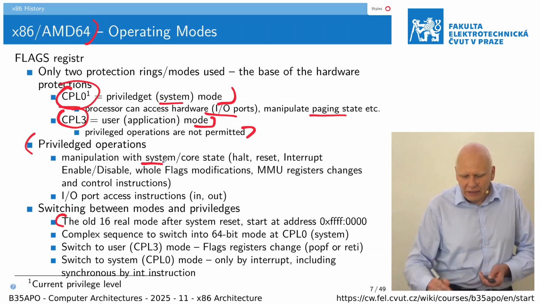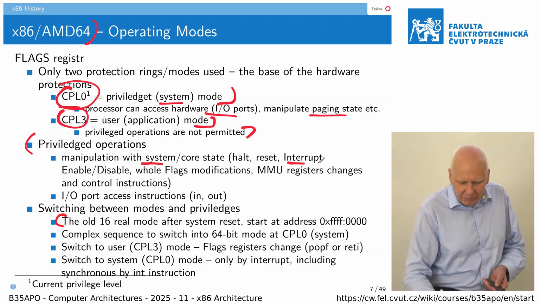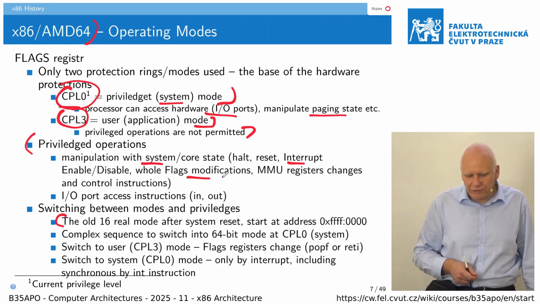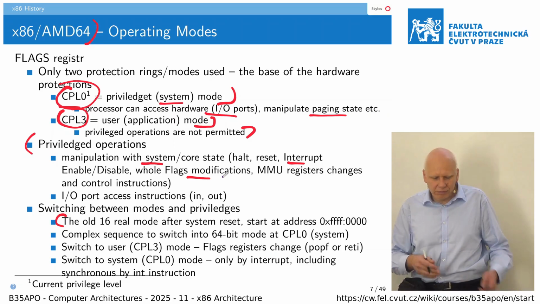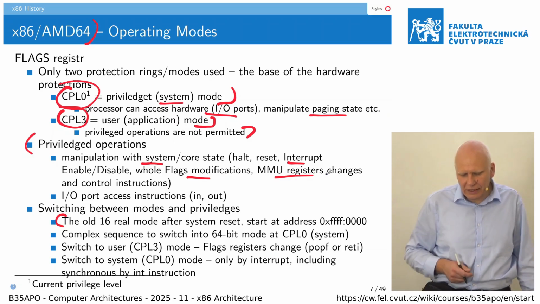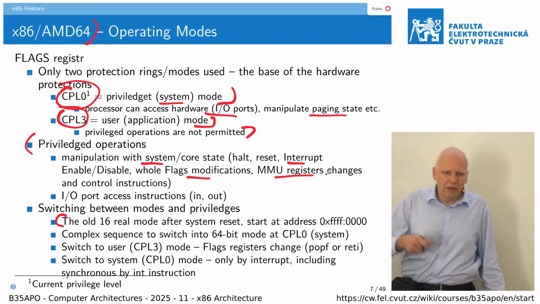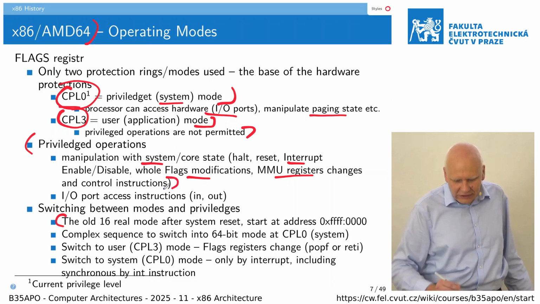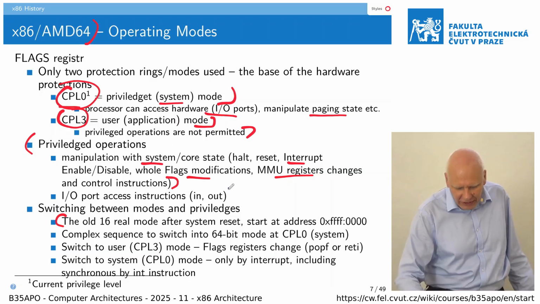So for example, disable interrupts, or modify the flags, which allows even to modify the privilege to access peripherals and so on. You can access MMU registers, switch the page directory register in fact and so on. So these are the privileged operations.